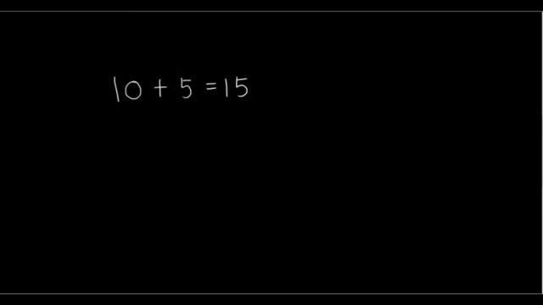and said, if the 5 was missing, okay, if the 5 was missing, what would you do to find out what this number is? Alright, what would you do to find out what this number is?